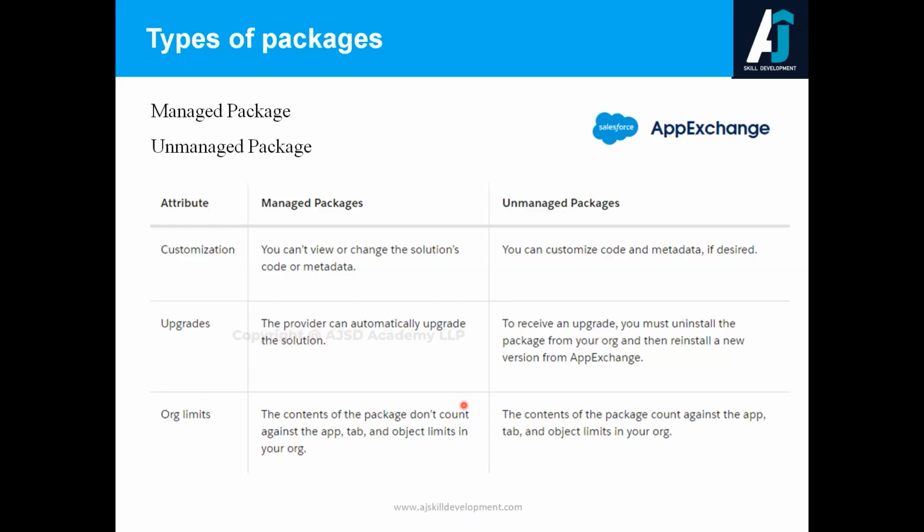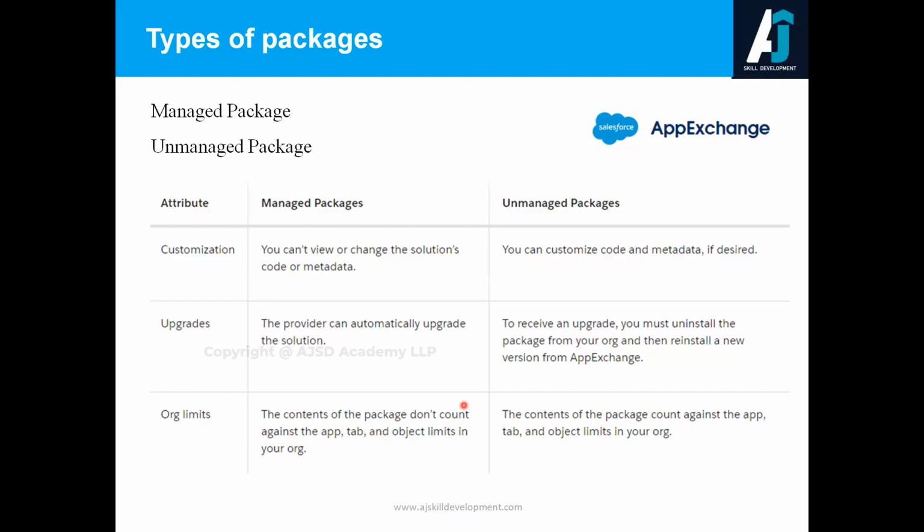In the same way, as far as org limits are concerned, if it is a managed package, the contents of the package don't count against the app limits in your org. If it is an unmanaged package, then the contents of the package, let's say the package may consist of an object, or a tab, right? It will count against the limits in your org.